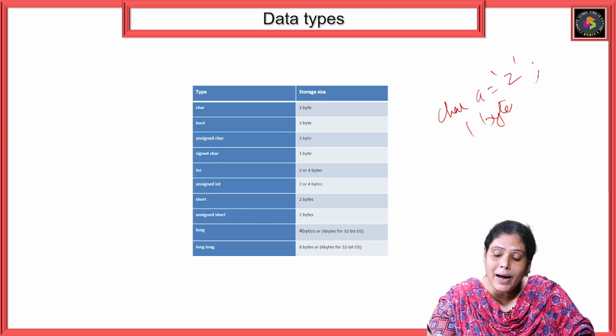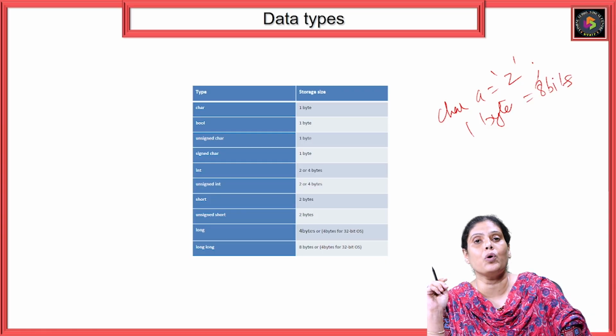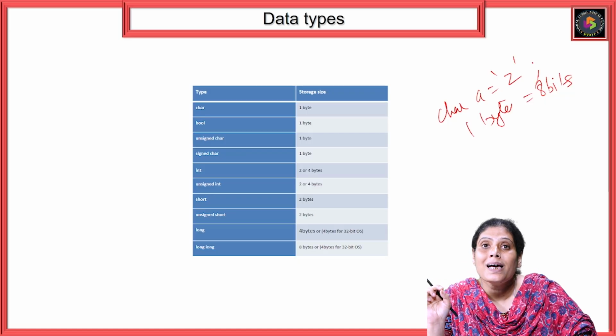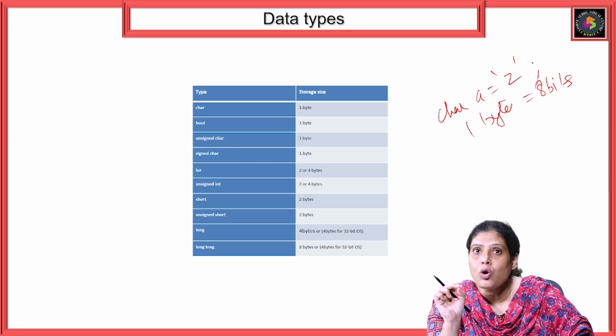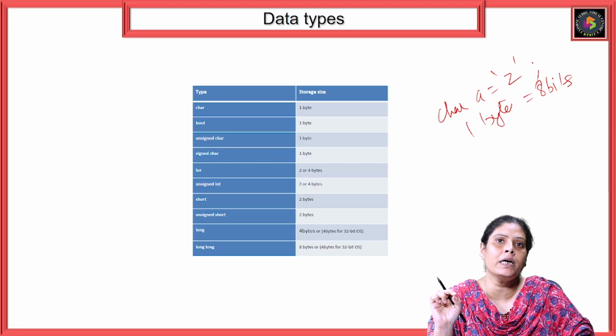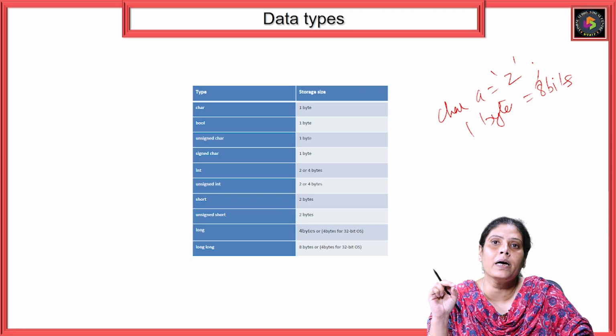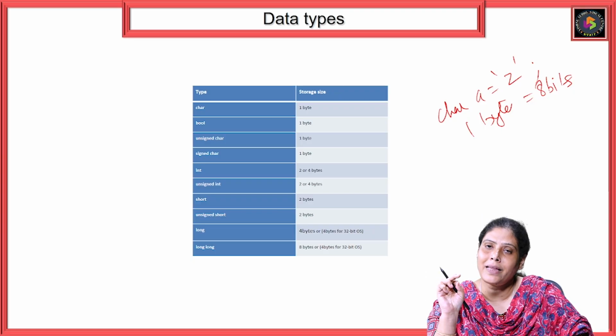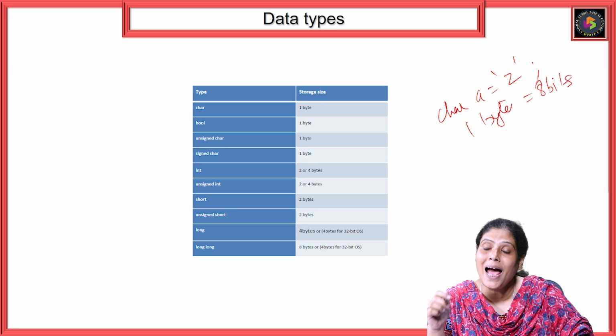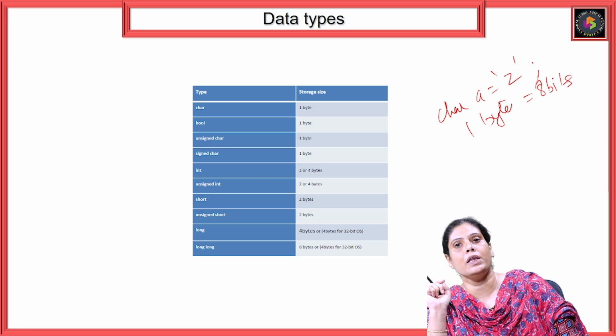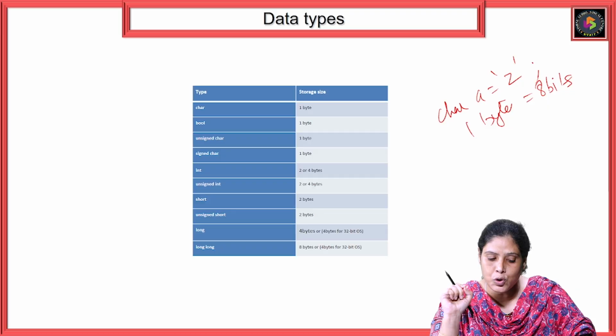So what is 1 byte? 1 byte is equal to 8 bits. Now Z is not stored like that. Z will be converted into its equivalent ASCII value. That ASCII value will be converted into binary form, and that binary number will be stored as an 8-bit location in your main memory. That is the meaning of storage size.